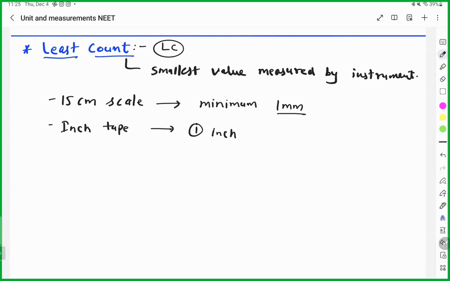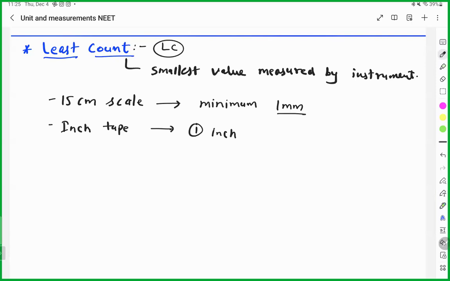Correct. So just remember this. The least count tells us how accurately an instrument can measure the smallest value, and it is related to the resolution. The 15 centimeter scale has more resolution compared to the inch tape. So you will say your scale is better than your inch tape.